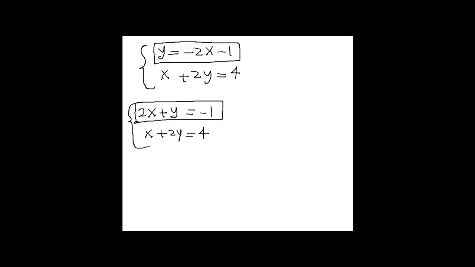But even if they're giving it to you this way and ask you to use the substitution method, you have the choice to pick the first equation or the second equation and solve one variable in terms of the other one. I could even pick the second equation and solve x in terms of y and proceed. But in this case, since y was already solved in terms of x, I said, all right, I'm going to use the substitution method.